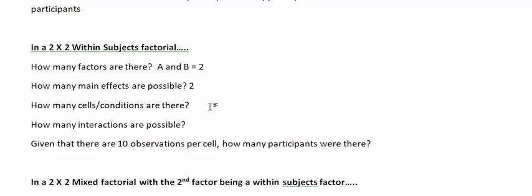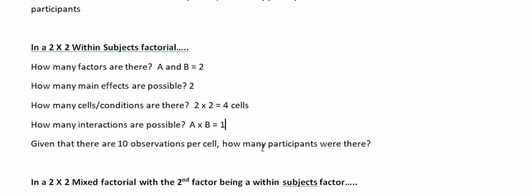Once again, that hasn't changed. So 2 times 2 is 4 cells. And how many interactions are possible? Well, that also hasn't changed. A by B, so there's just 1.